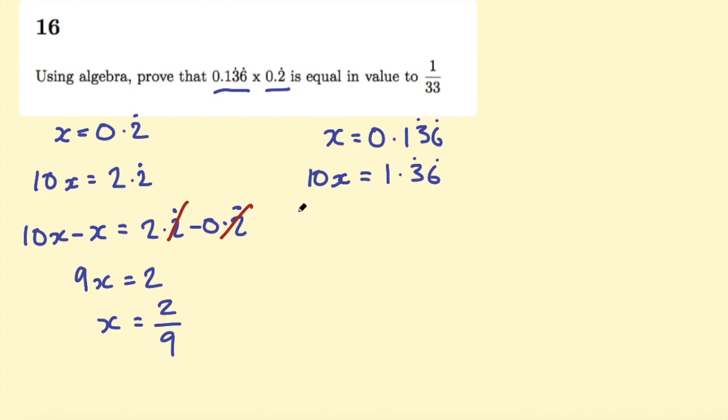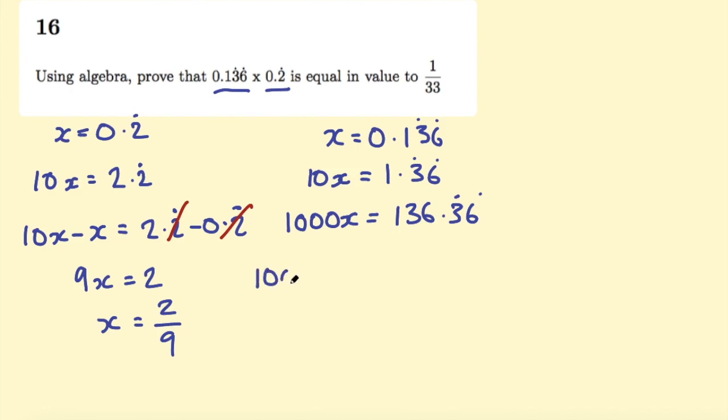And then I need to multiply it not by 10 again, but by 100. So I get 1000x equals 136.36 recurring. What this does is this makes sure that these recurring parts of the decimals match up. So when I subtract them, that I can cancel these out.